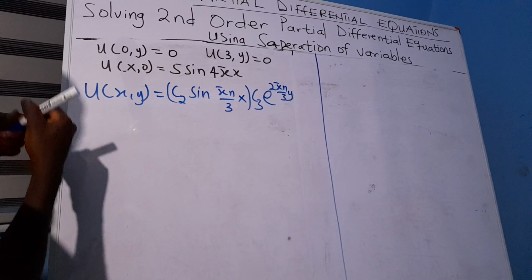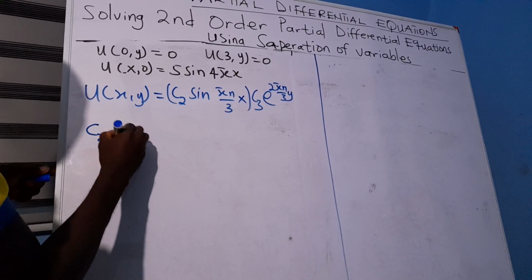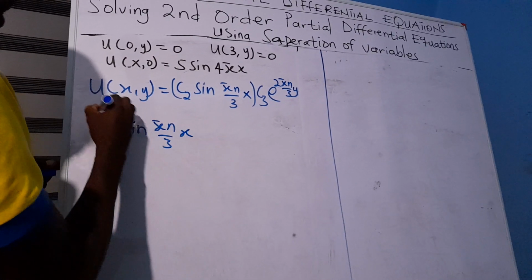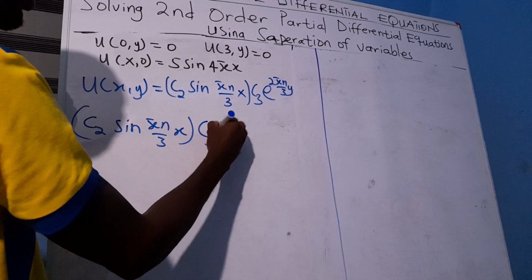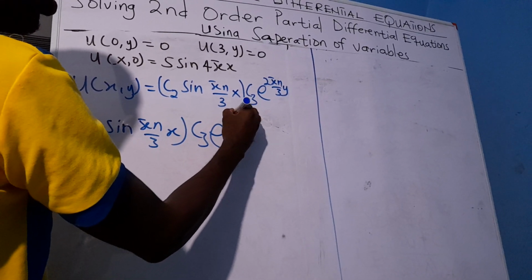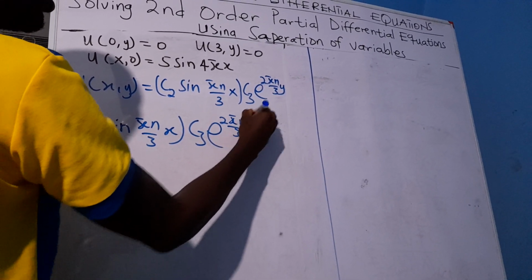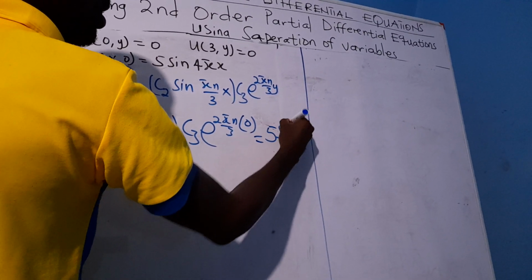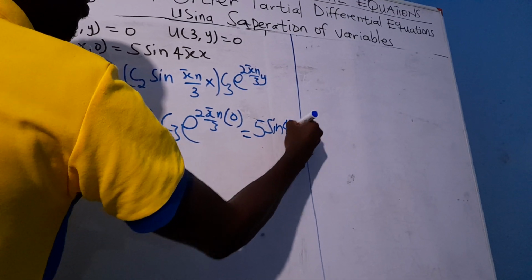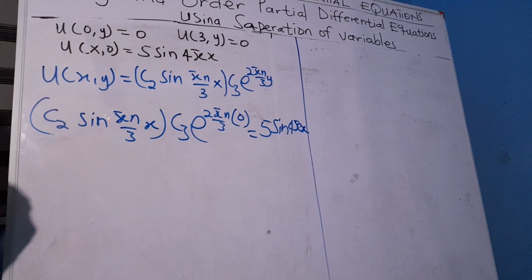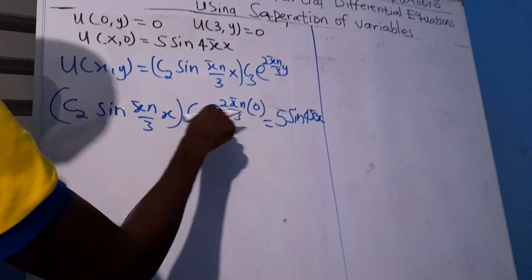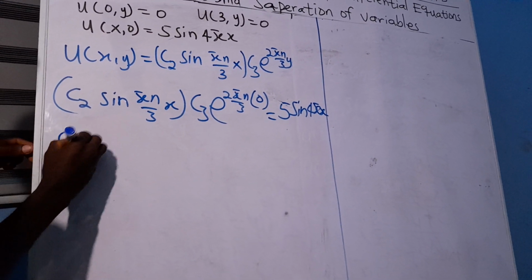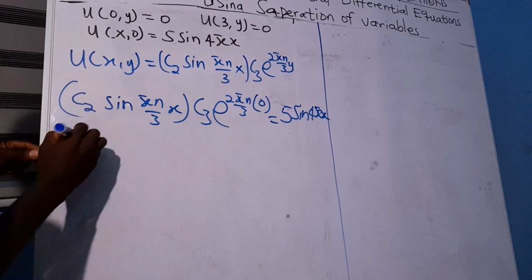So what we have is c2 sin pi n over 3 x, then c3 e exponent 2 pi n over 3 times 0 will be equal to 5 sin 4 pi x. So the whole of that will be 0, so e exponent 0 will be 1. We'll have c3 there.